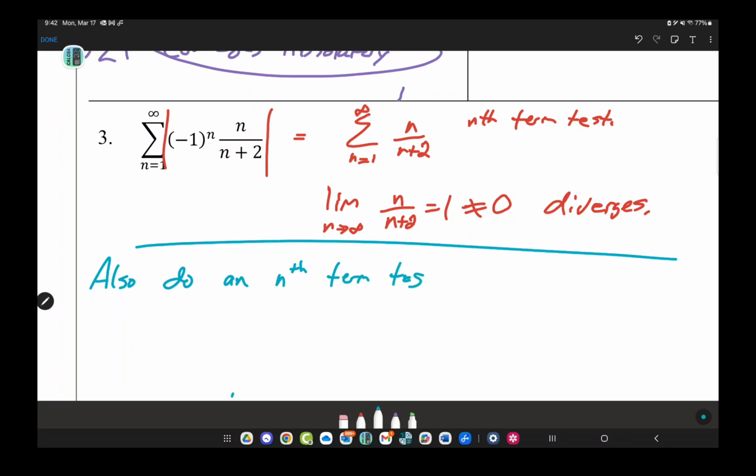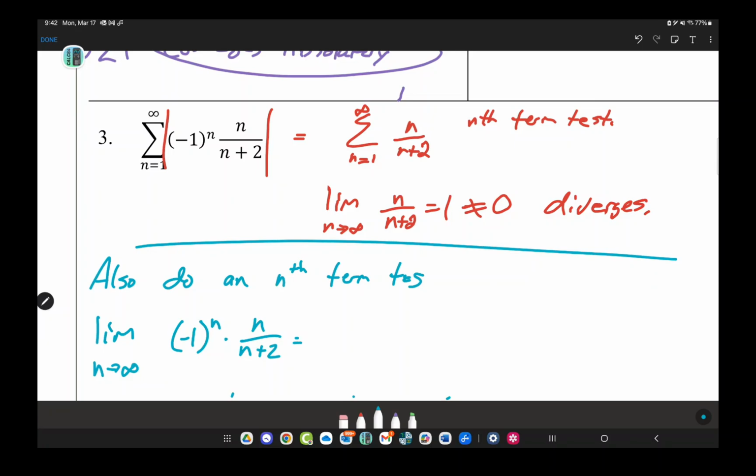So we take the limit as n goes to infinity of negative 1 to the n times n over n plus 2. Now, let's just write out what happens if I plug in 1.